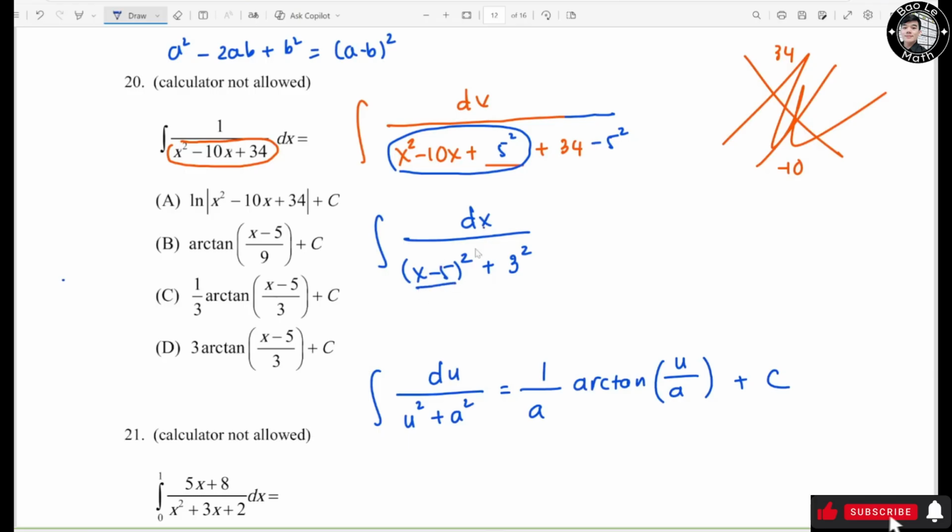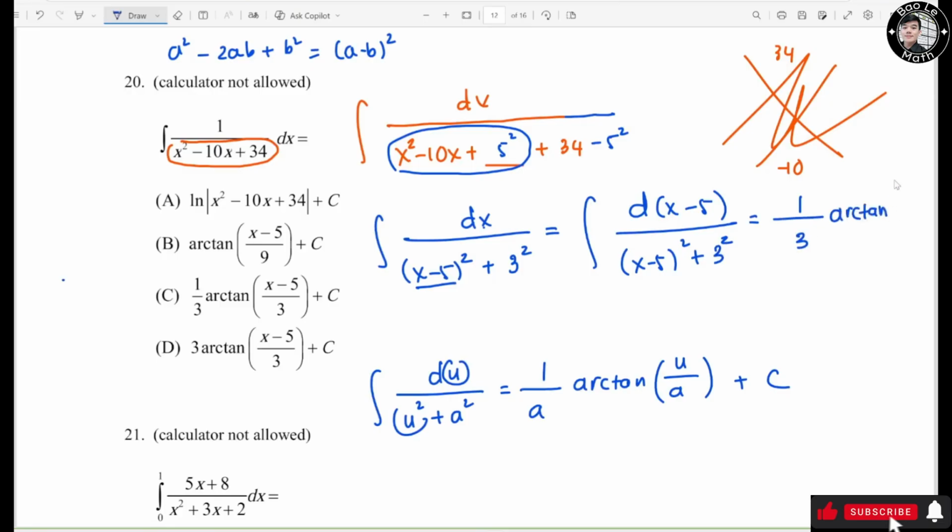They must be the same, so I can rewrite ds as d of (s minus 5), over (s minus 5) squared plus 3 squared. Make sure these two are the same, so be careful. Alright, so it's going to be 1 over 3, arctangent of (s minus 5) over 3, plus c. So the answer must be C.